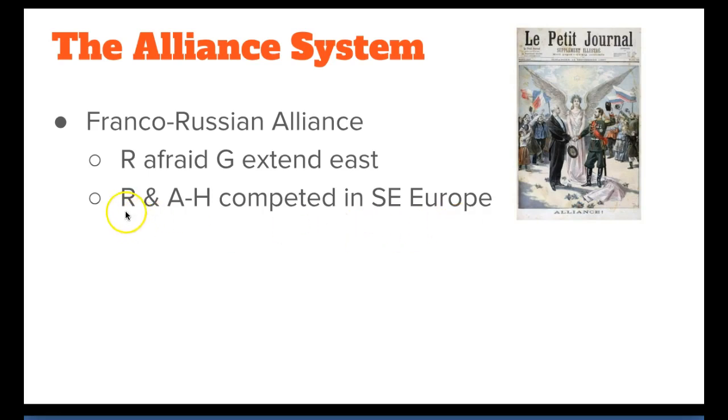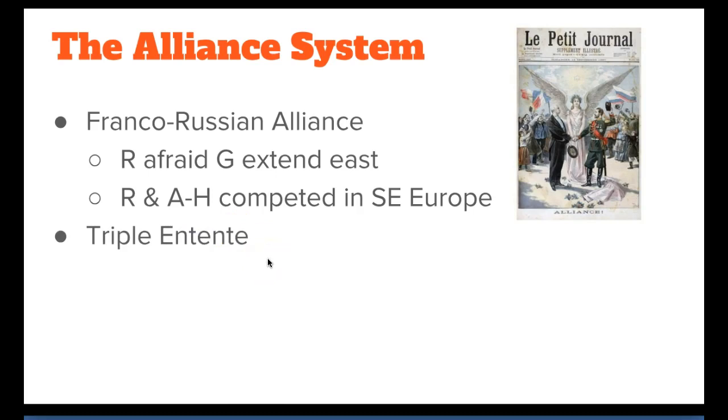So the Russians and the Austro-Hungarians are, not all, but many of them, of Slavic descent. And so there is this historical connection with all of the people that reside in Southeast Europe. And both of these countries want to control this area of Europe.